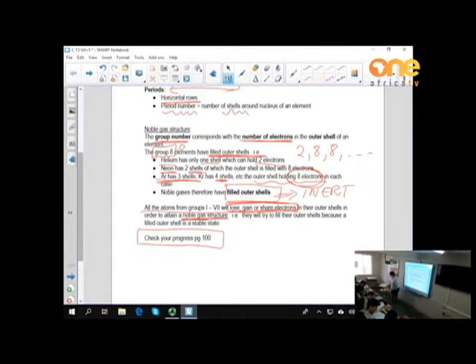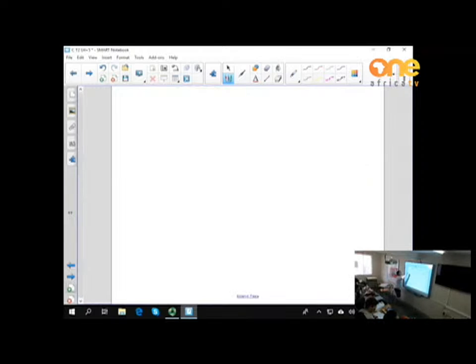Number 4, the electron structure of element X is 2, 8, 5. Let's quickly have a look. So now they ask, what is the group number of element X? Now the group number tells me how many outer shell electrons there are, so it has to be in group 5.